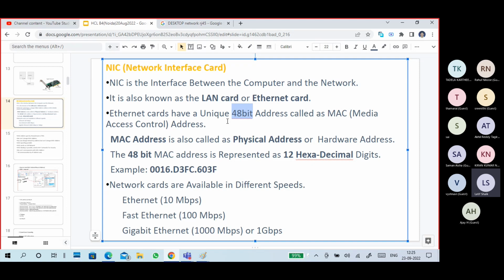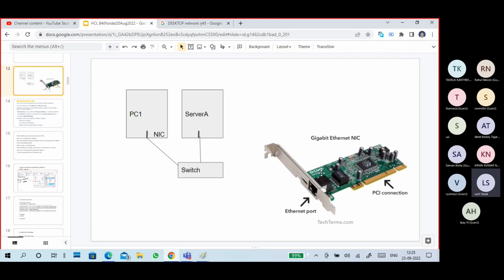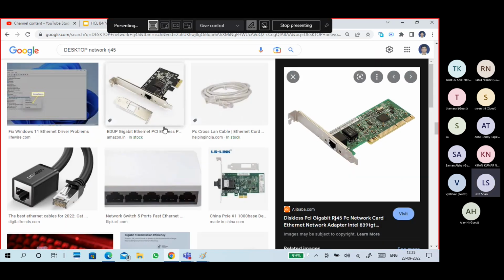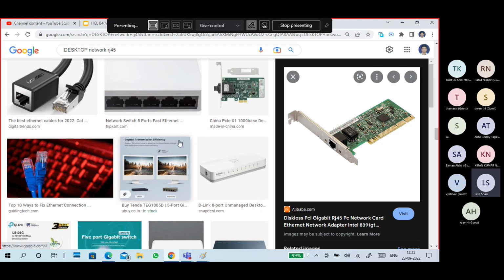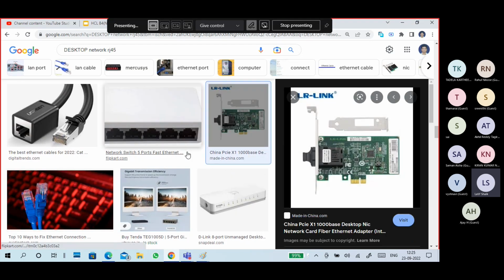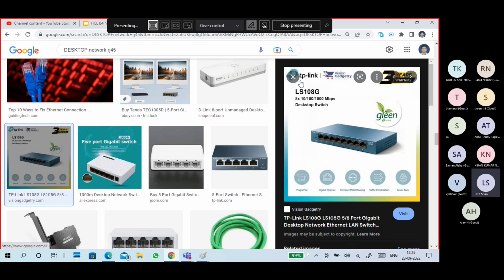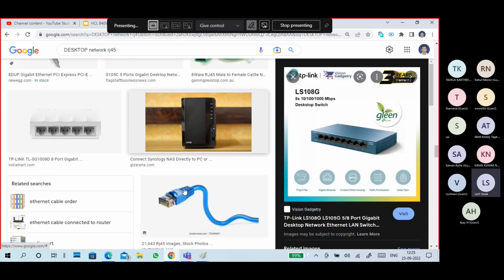This MAC address is given by the manufacturer of the NIC. This NIC is manufactured by someone. You can see it's a D-Link NIC, it means this interface card was manufactured by D-Link. Qualcomm, my NIC is a Qualcomm NIC. TP-Link.